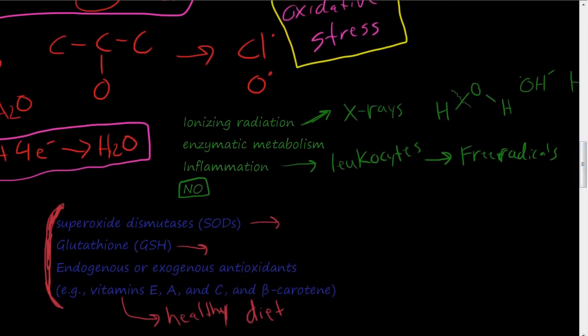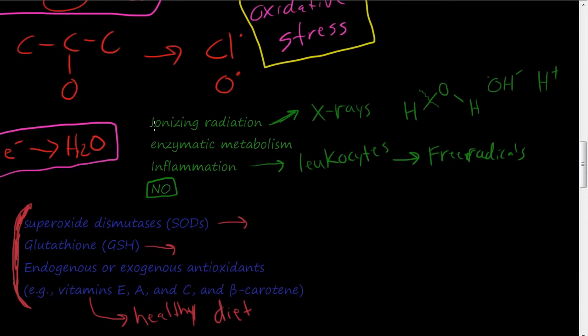Ways that our cells undergo oxidative stress are ionizing radiation, enzymatic metabolism, inflammation, and nitric oxide can turn into these reactive oxygen species. I'm sorry, these are ways that free radicals are produced outside of just normal converting oxygen into H2O and ATP.